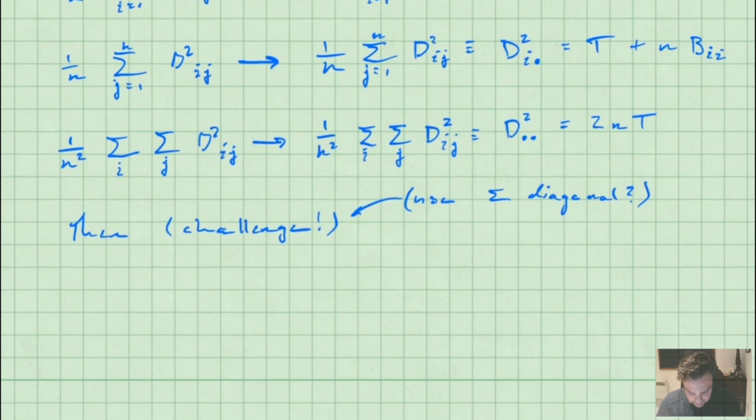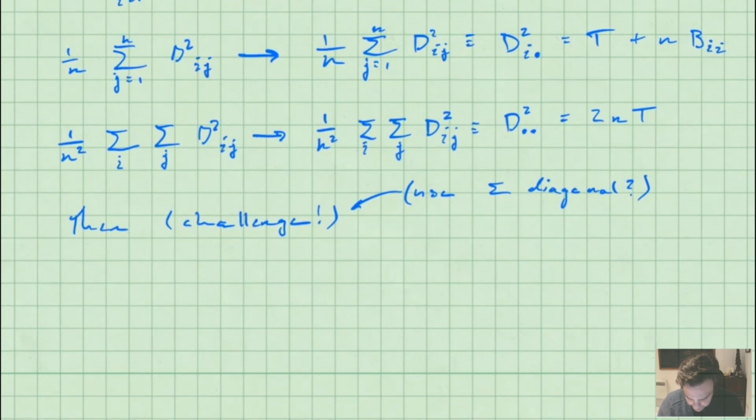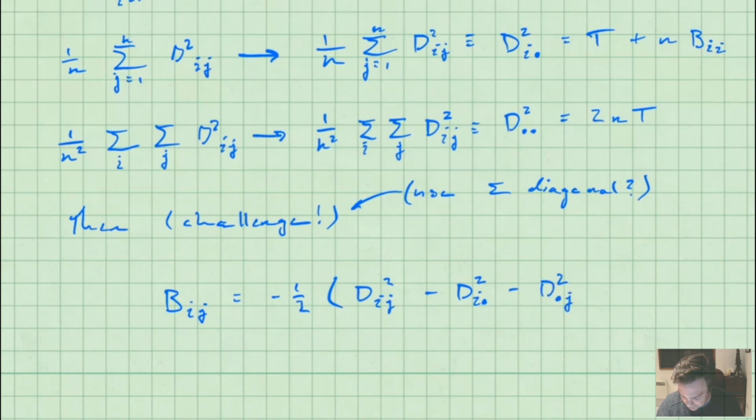If you do that, then the following is true. Then Bij can be written as -1/2 dij squared minus di dot squared minus d dot j squared plus d double dot squared.